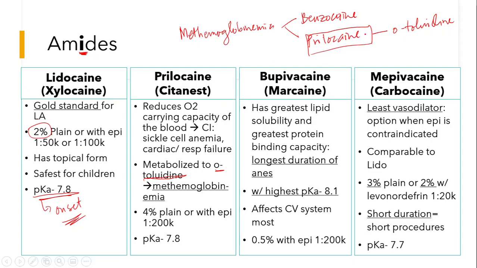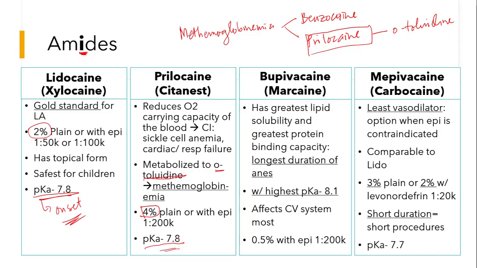Just take note of these because these things can be asked in your board exams. Now, prilocaine comes either in 4% concentration, 4% plain, or 4% with epinephrine, 1:200,000 epinephrine. The pKa of your prilocaine is 7.8.